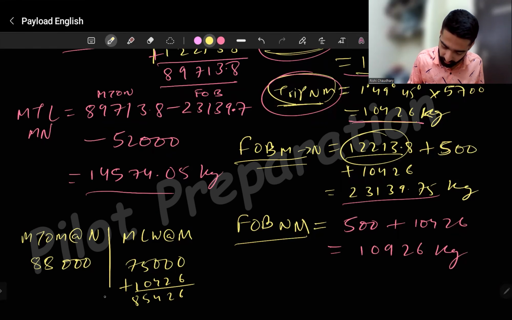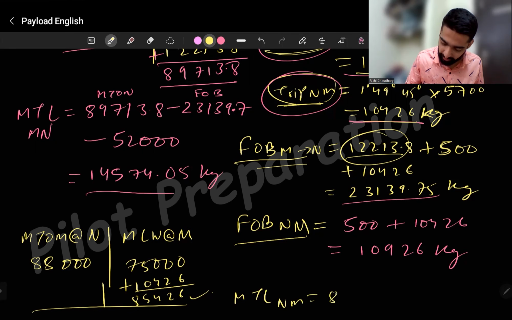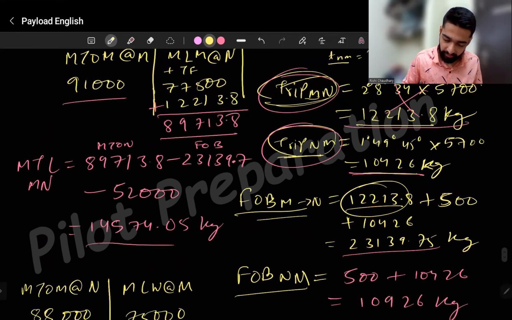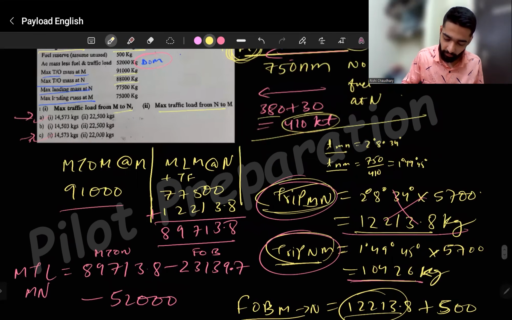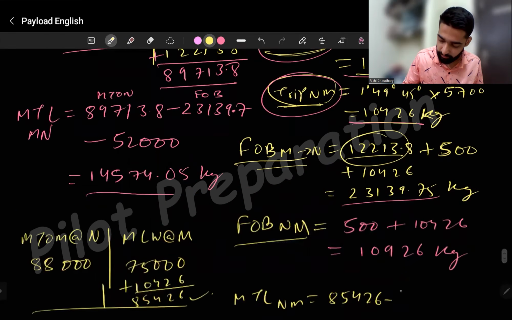So this is 85426. This is the lowest one. So I can say maximum traffic load N to M will be 85426 minus FOB minus DOM. DOM is 52,000, minus FOB N to M, which is this one, 10926.